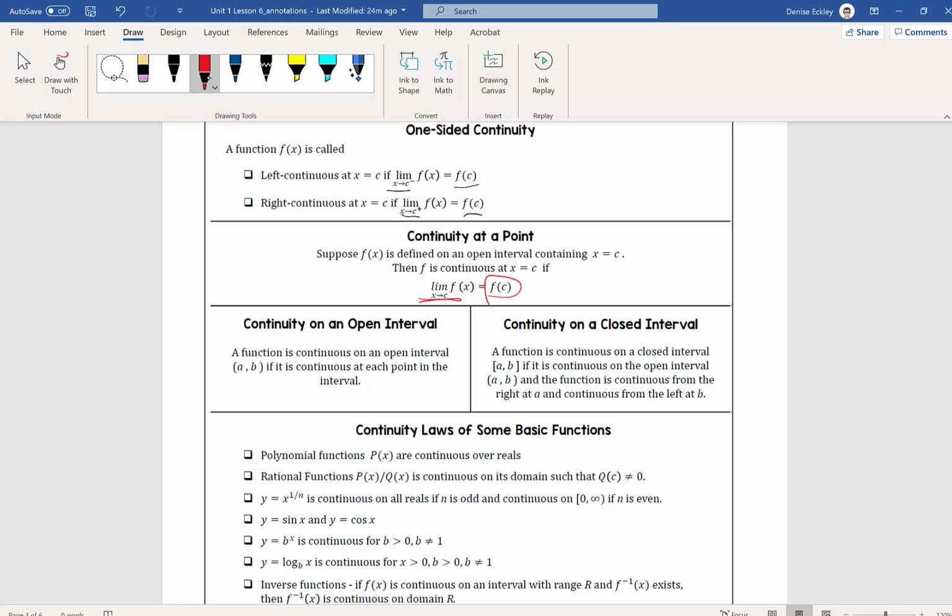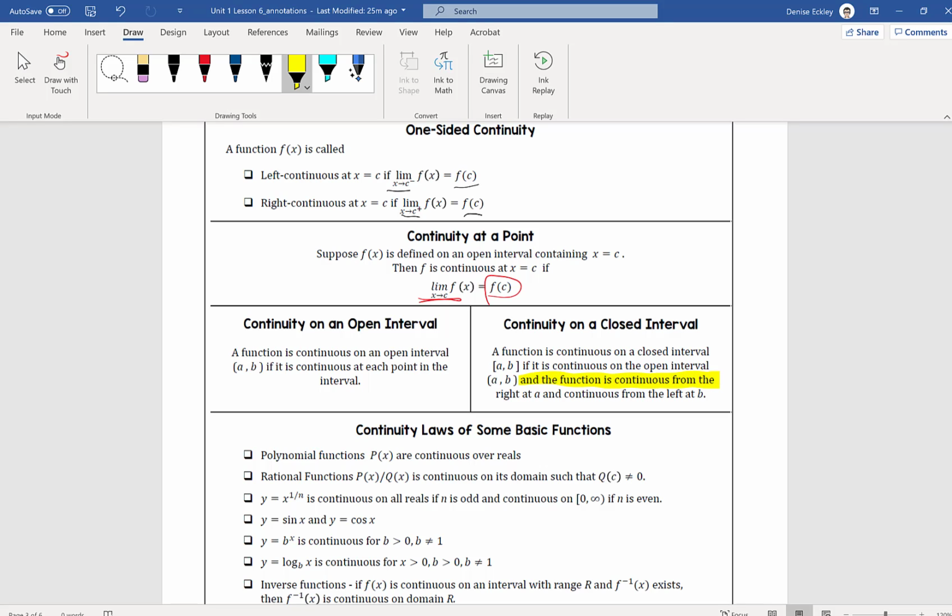The function was continuous on those open intervals, but at the endpoints, it was not continuous. And so the opposite is true for continuity on a closed interval: not only is it continuous at the endpoints, it's also continuous at every point in the open interval.